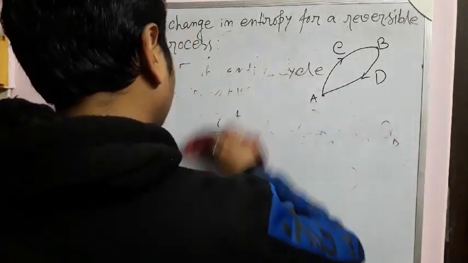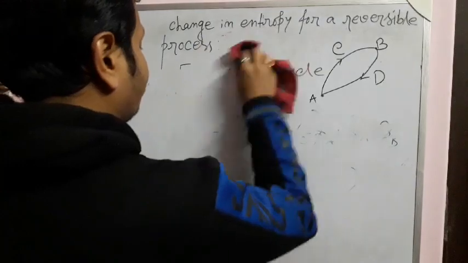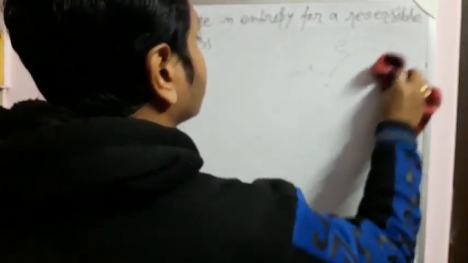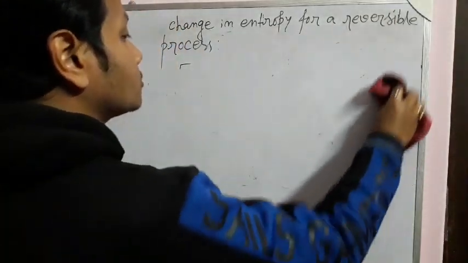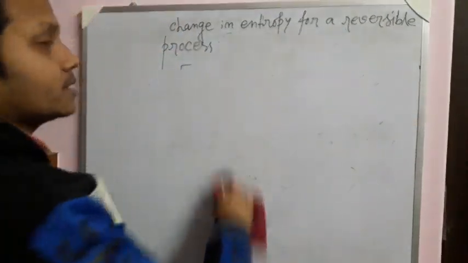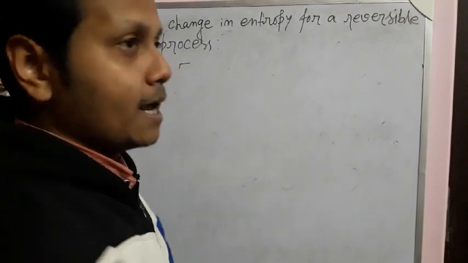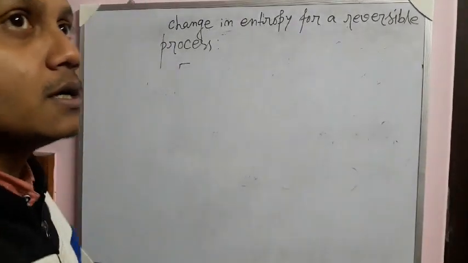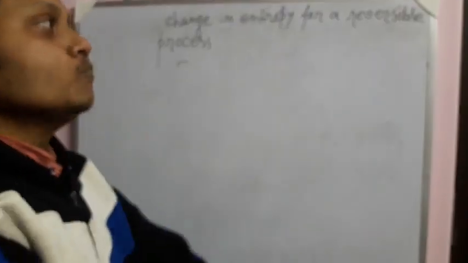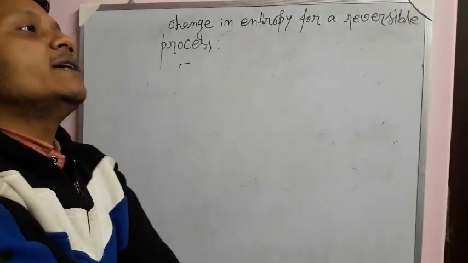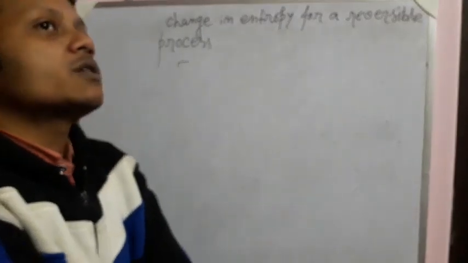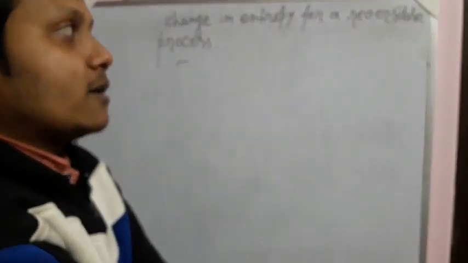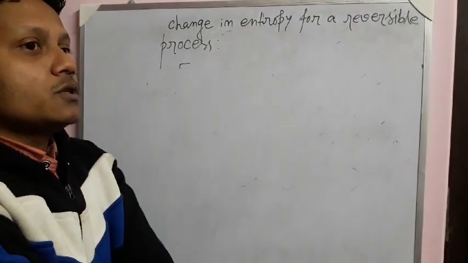Okay, now let's check what will be the result in case of an irreversible process. An irreversible process is one that cannot be retraced in the opposite direction. Okay, and most processes that occur in nature are irreversible. Almost 99% of processes are irreversible. So this process cannot be retraced in the opposite direction.